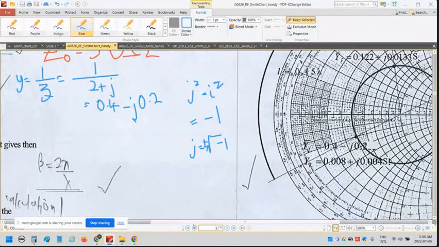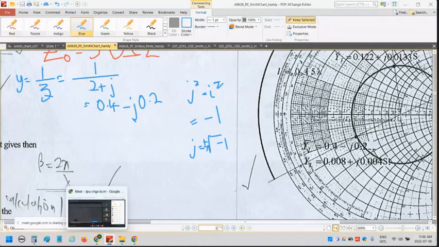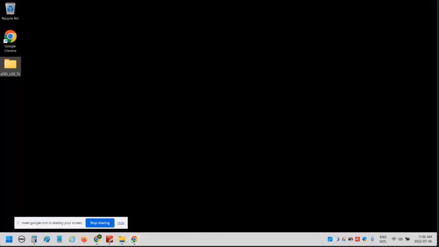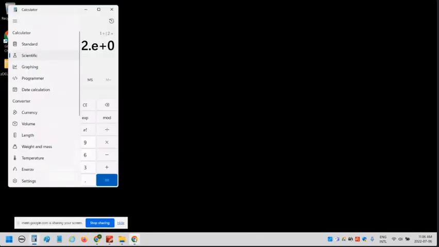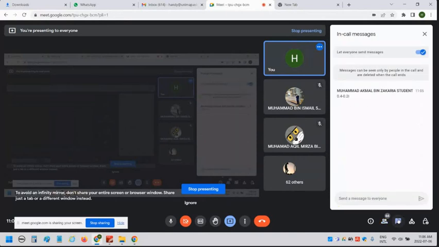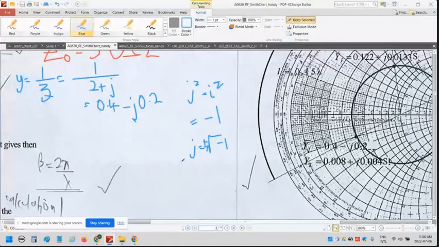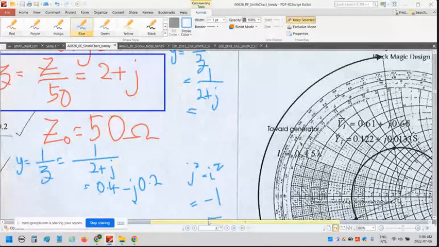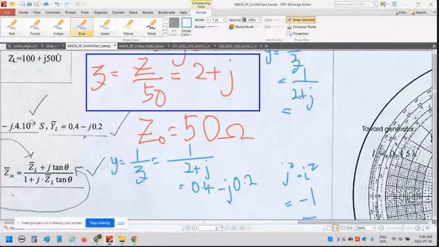0.4 minus 0.2i. So I want to say here they are equivalent for the Smith chart.